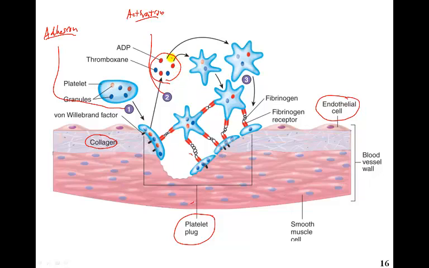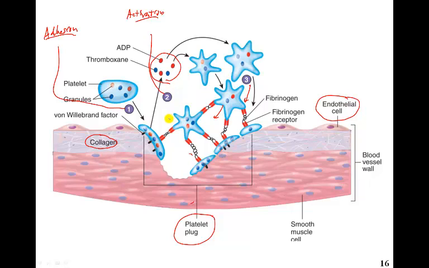Those signaling molecules go out into the blood and are recognized by other platelets, which now get activated, come in and join the party, and bind to the tissue or to other platelets, leading to the third and final stage, which we'll talk about in a second.